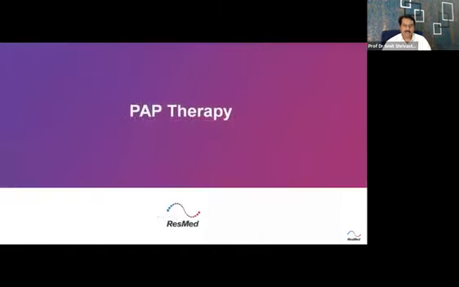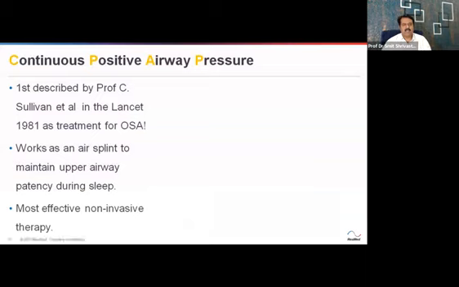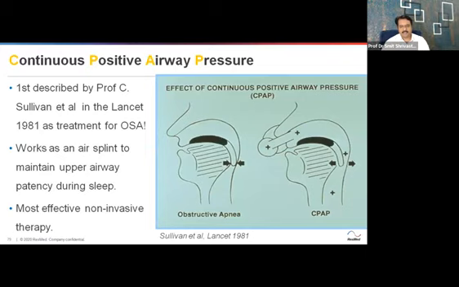Then there is continuous positive airway pressure, or CPAP, and this works as an air splint, because here a slight pressure is applied. It varies from 4 or 5 millimeters Hg to 19 or 20 millimeters Hg, and by forcing in the air, it keeps the airway patent, and it becomes a very easy to use and non-invasive therapy for these patients.